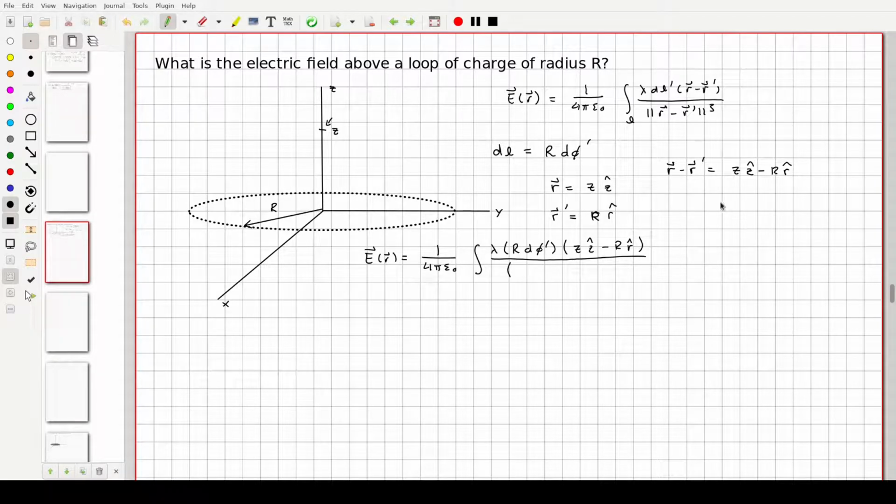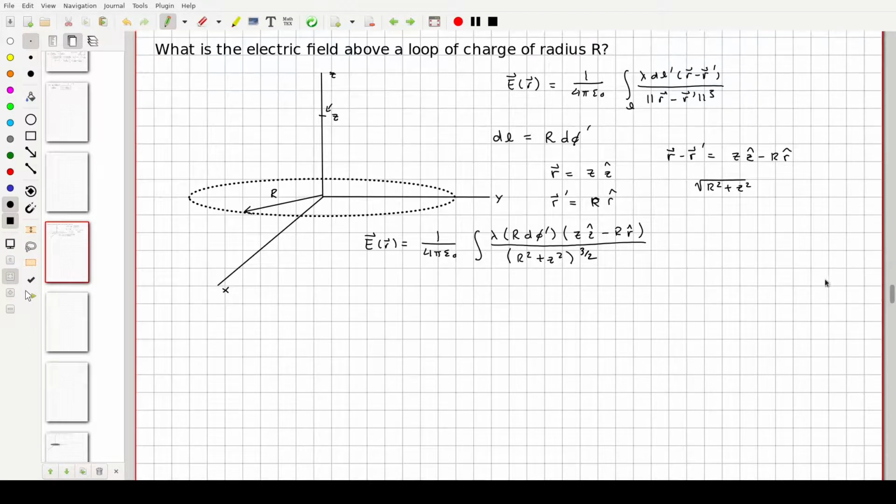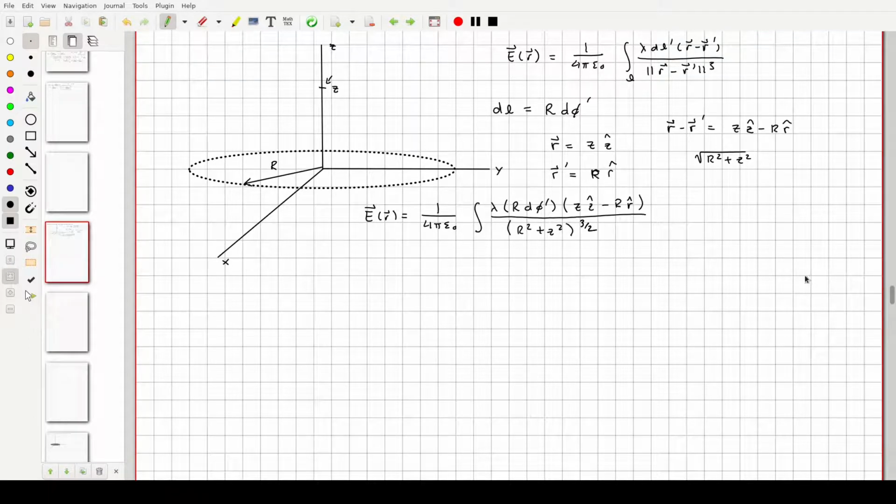That's going to be the square root of r squared plus z squared. So let's raise to the 3 halves power. Well, check this out. We're not integrating over z.